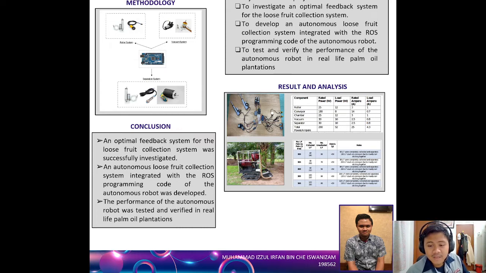So in the table to the right, here we have a table of the rated power compared with the load power. The load power is the actual power used for these components. So here we can see that the total rated power of the components is 290 watts, whereas the actual load power is only 52 watts.